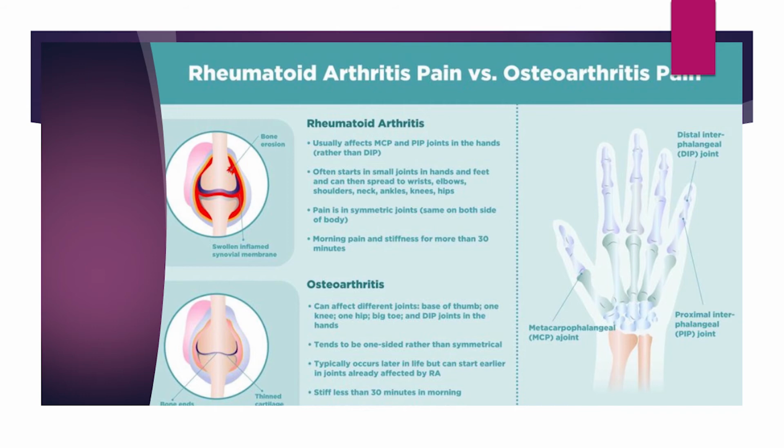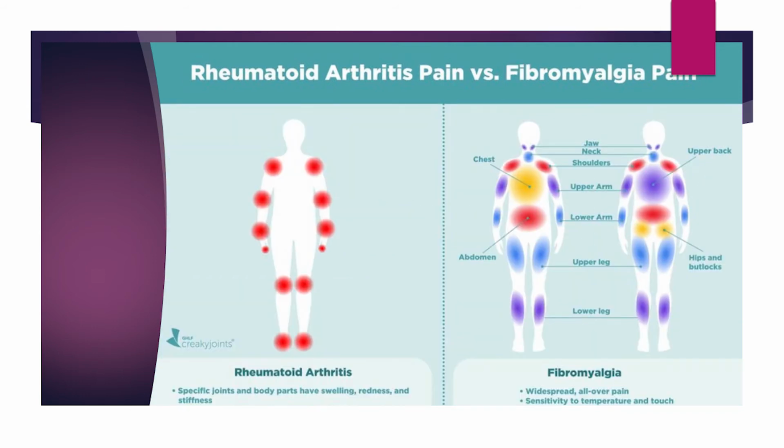It also can affect different joints, such as the base of the thumb, or the tip of the fingers, which are also called distal interphalangeal joints. So that could be a reason why you're having pain in your hand.